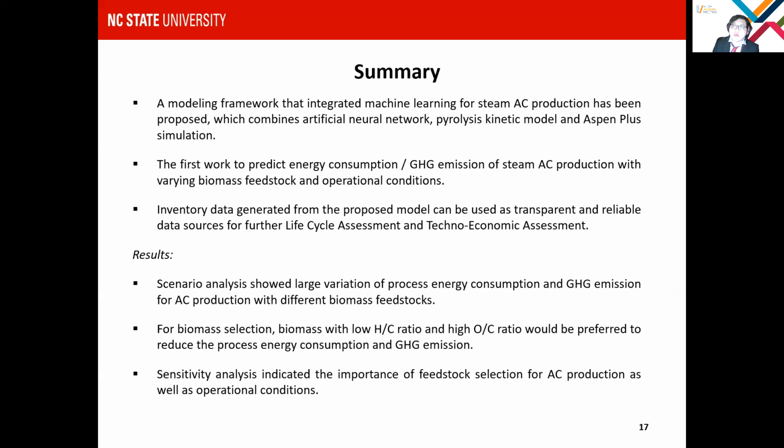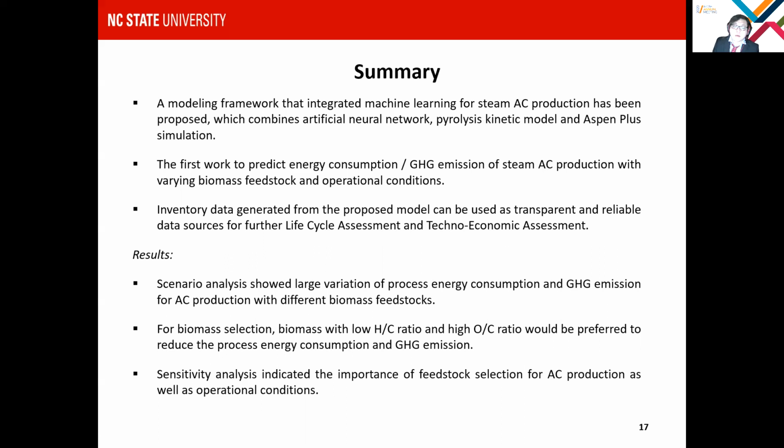Now let's conclude this result. At first, we have proposed the modeling framework that integrates machine learning, pyrolysis kinetics, and Aspen Plus simulation for the steam-activated carbon production. It may be extended to other types of process. Then we did the simulation for different types of woody biomass. We summarize the variability and the distribution of process energy consumption and carbon footprint.